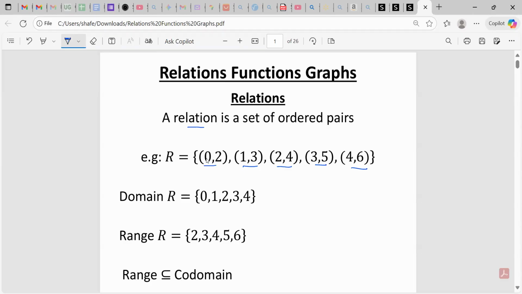No, look, 0 is odd or even. No, I meant set of even numbers, set of odd numbers. No, no, no, no. Look at each pair. Look at 0 and 2, 1 and 3, 2 and 4. Do you see a relationship between the first number and the second number? Do you see that?